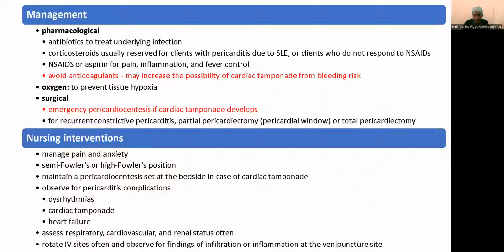It depends. But we're gonna avoid anticoagulants, because the anticoagulants may cause the cardiac tamponade to get worse. If it's blood, you can see how that makes sense. They're always on oxygen. They're going to need to have aspiration of that excess blood or fluid.